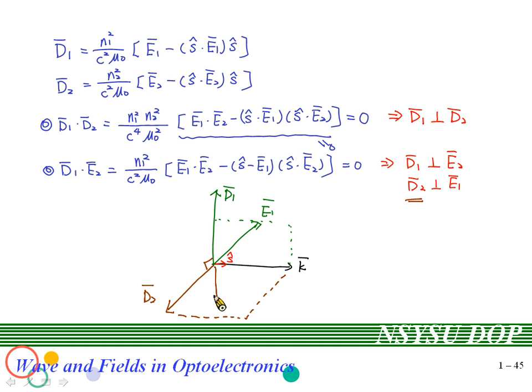So the E2 should be in this direction. Okay? So D1, E1, K are in the green plane. D2, E2, K will form the brown plane shown here. And this is the orthogonality of the eigenmodes in an isotropic medium. You have seen that D1 is normal to D2 and D1 is also normal to E2. Besides, D2 is normal to E1.